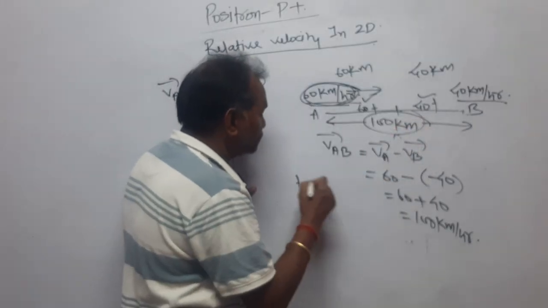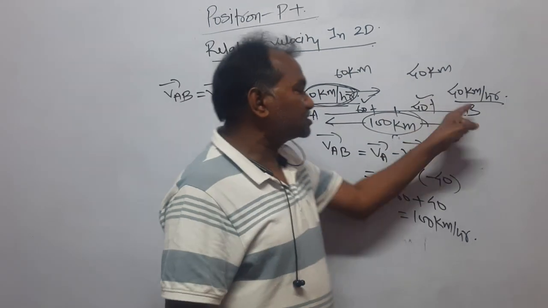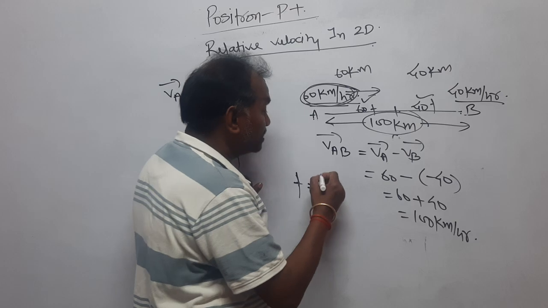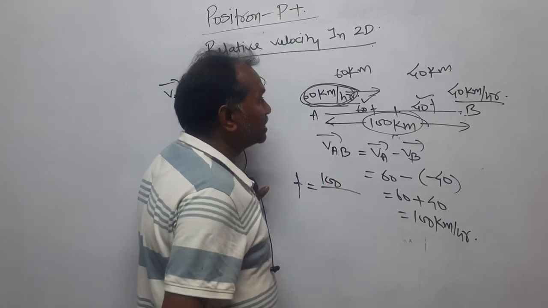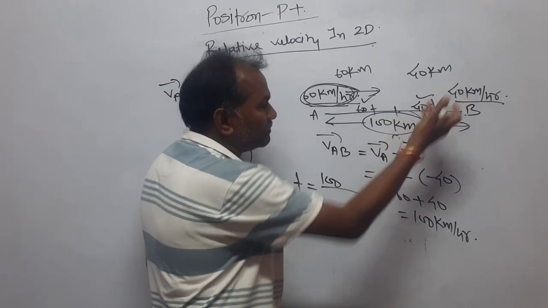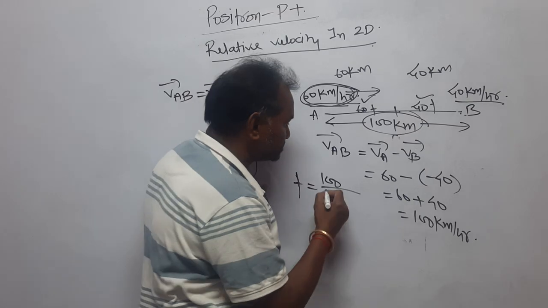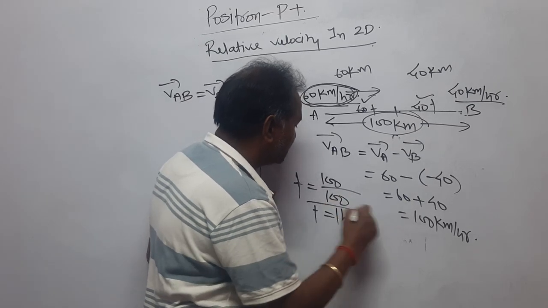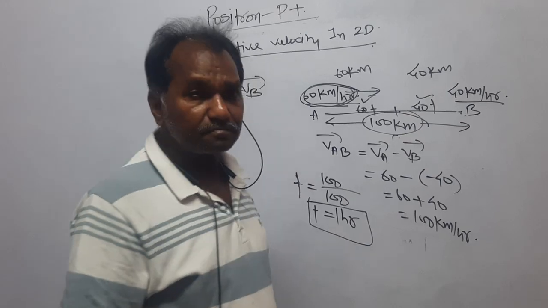Now time is equal to distance divided by velocity. The time when A crosses B is distance, that is 100 km, divided by the relative velocity, that is 100, and so it is 1 hour. Now time is 1 hour.